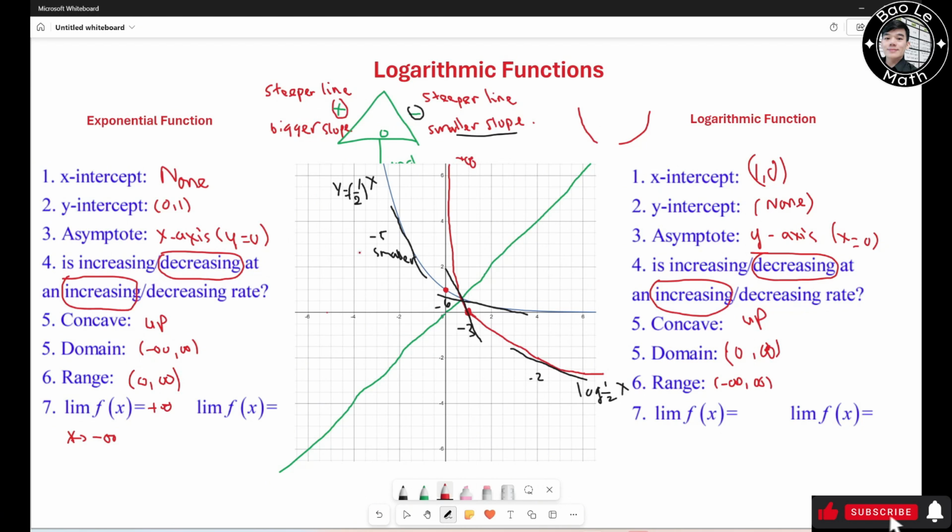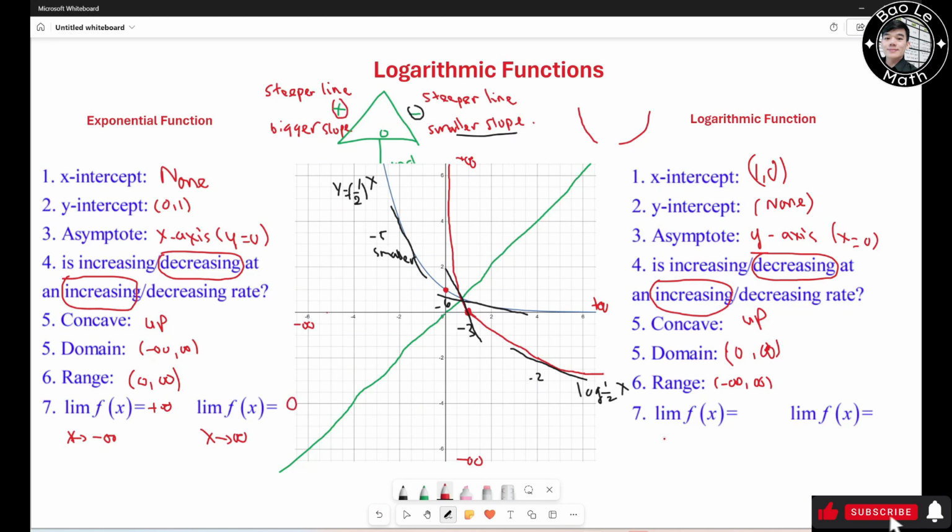This guy positive, this guy negative infinity, this guy negative infinity, and this guy positive infinity. Now, the limit of the function f of s when s approaches positive infinity, the function approaches 0, right? So it's 0 right here.